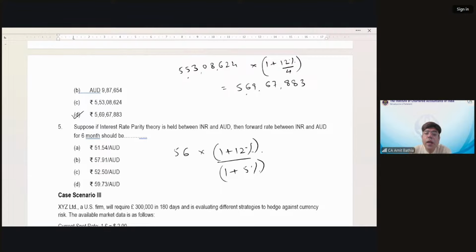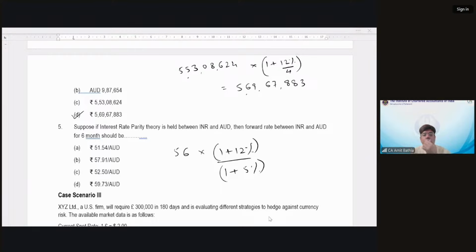So that is 1.12 upon 1.05. So how much will that be? Let's calculate. So I do the calculation and the amount comes to equal to 56 into 1.12 divided by 1.05.